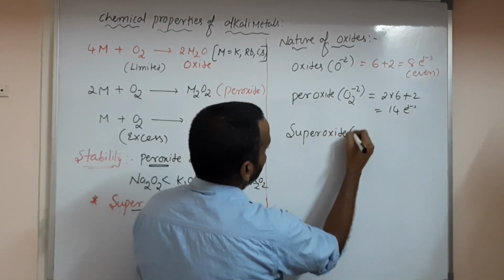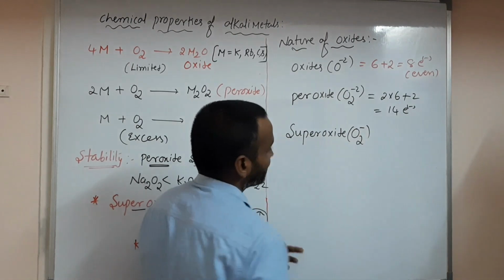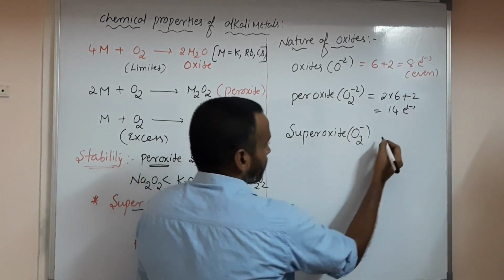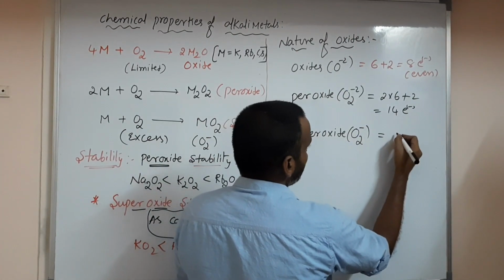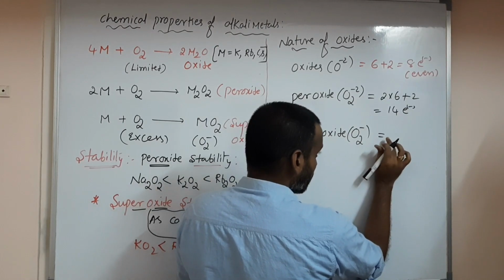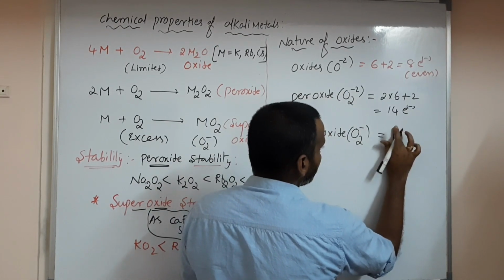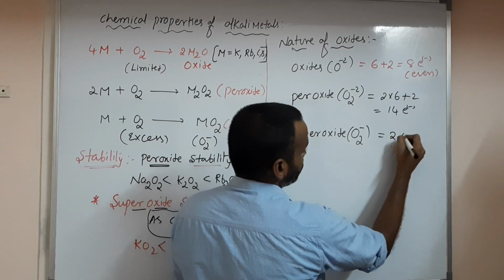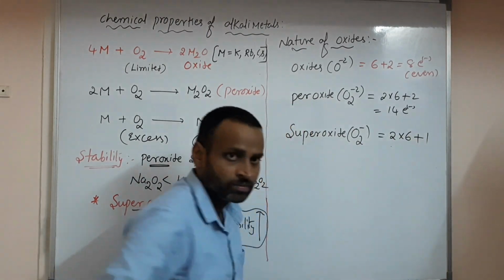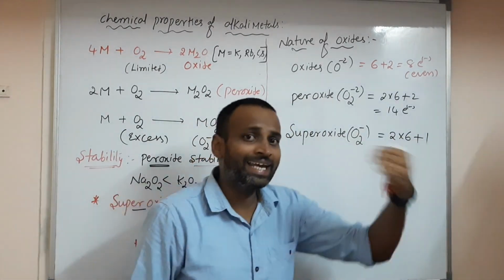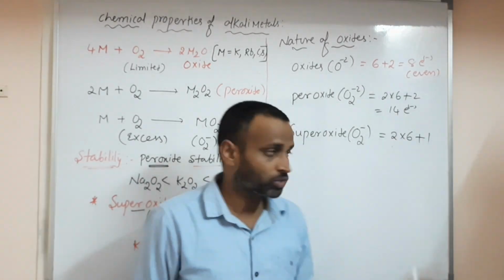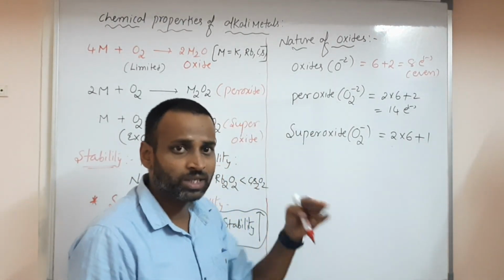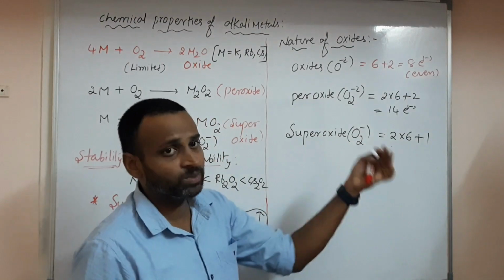Next, superoxide. Superoxide means O2 minus. So in superoxides, what valence electrons do you have? 2 into 6, plus 1, because minus 1 means it gained 1 electron. Positive charge means lost electron; negative charge means gained electron.